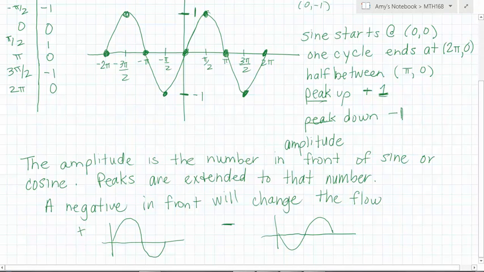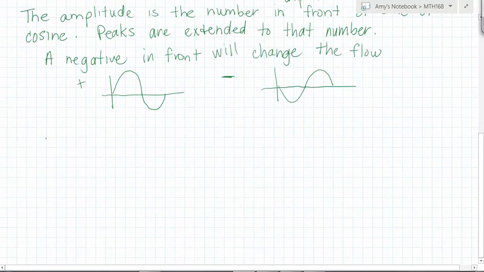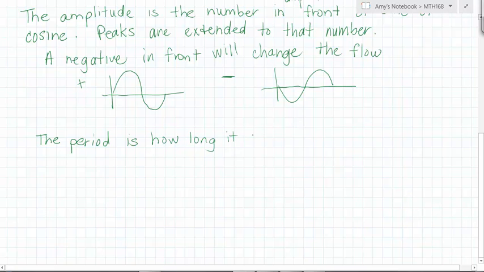The period, like we talked about here, one cycle ending at 2 pi over 0, the period is how long it takes to complete one cycle of your function. So the period is how long it takes to complete one cycle.